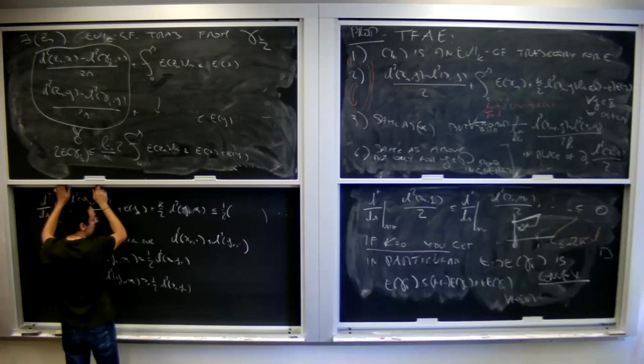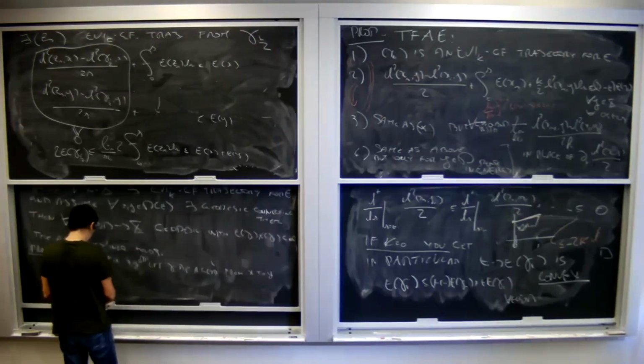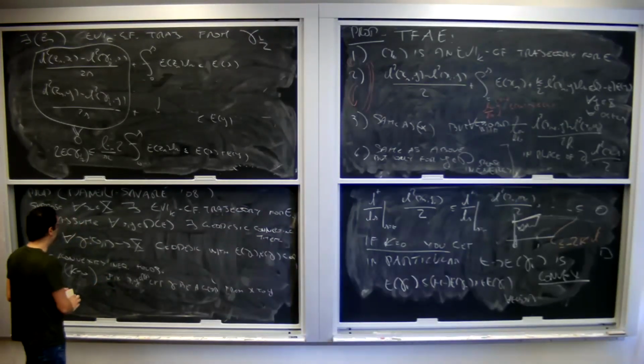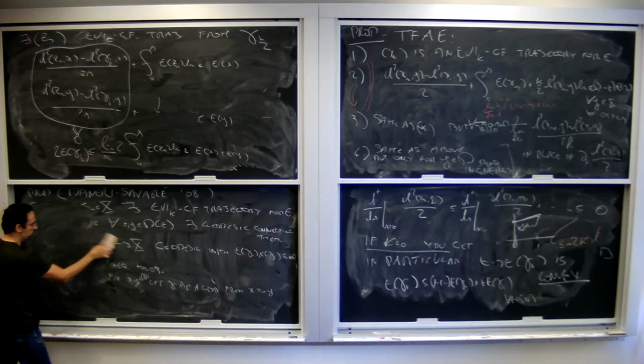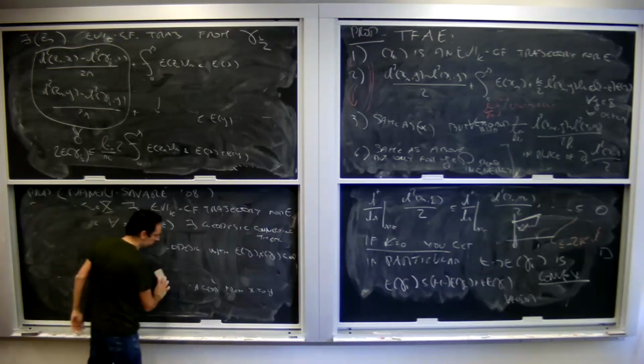Now I gave you two different definitions of gradient flows in metric spaces. I should really compare them.